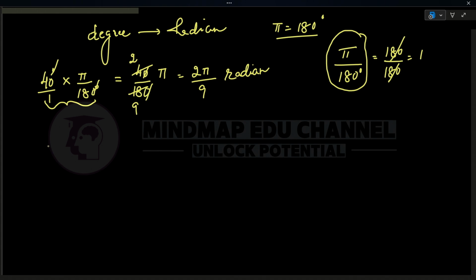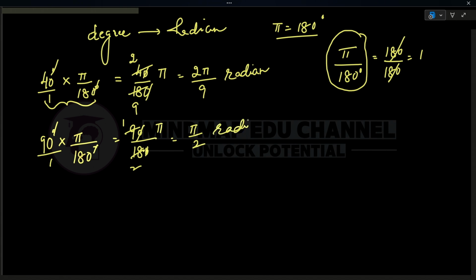Let's see one more example. 90 degrees. Let's convert it into radians. We have to multiply it by pi over 180 degrees. Now degrees get cancelled and we are left with 90 over 180 pi. 0 gone. 1 by 2. So we have pi over 2 radians. Clear? Let's see one more. 120 degrees.